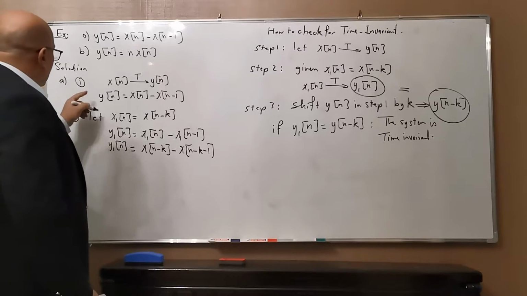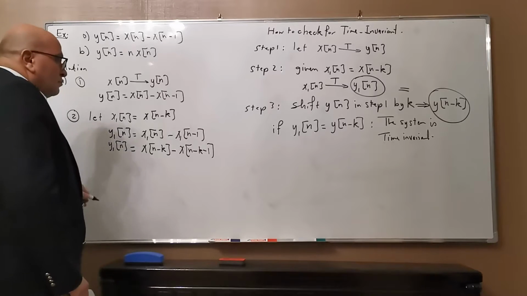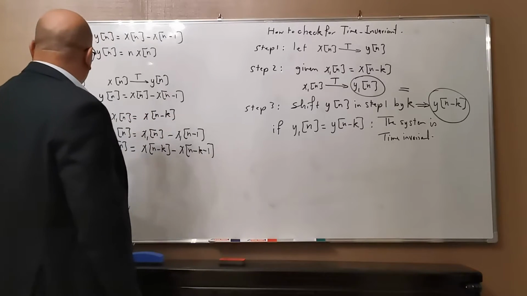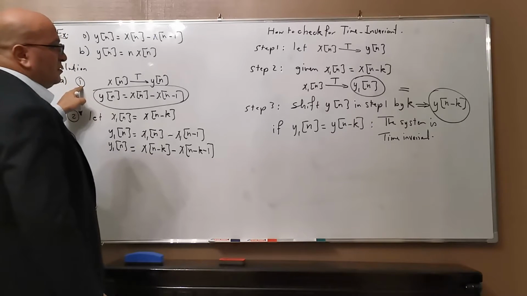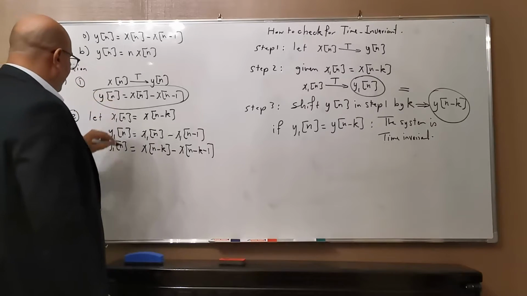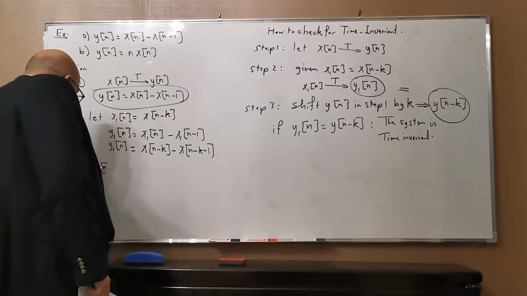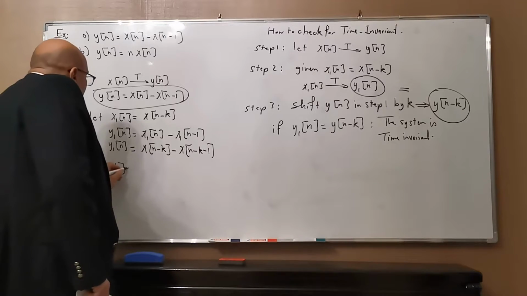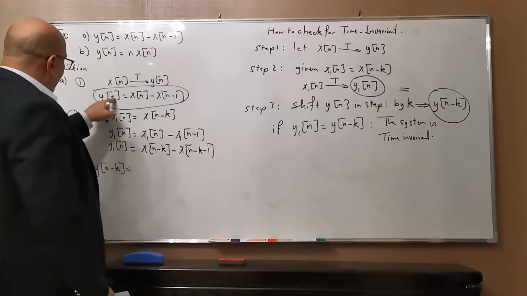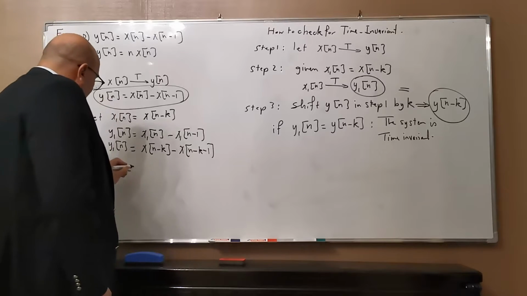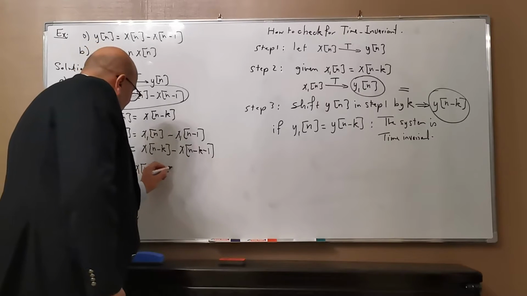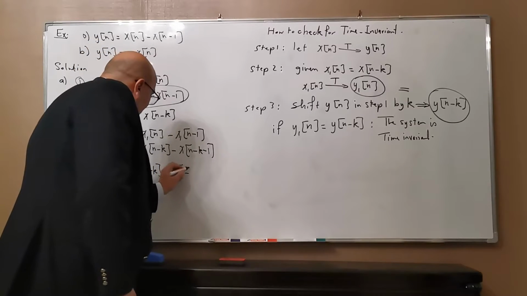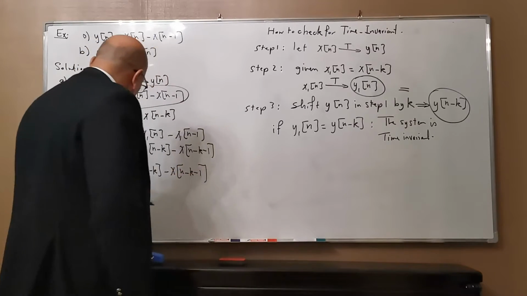Okay. Step number 3, take y in the first step and shift it by k. So y of n minus k is equal to, we take every n here and substitute it by n minus k. So this is x of n minus k minus x of n minus k minus 1.